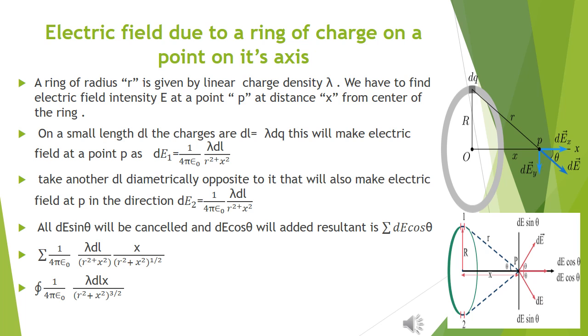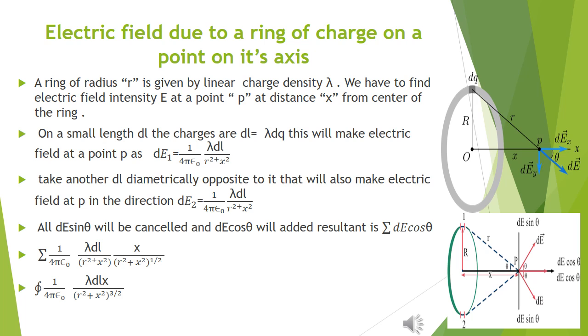So what is the value of dE cos theta? The value is summation 1 upon 4 pi epsilon naught lambda dl upon r square plus x square into x upon under root r square plus x square, that is, to the power 1 by 2.